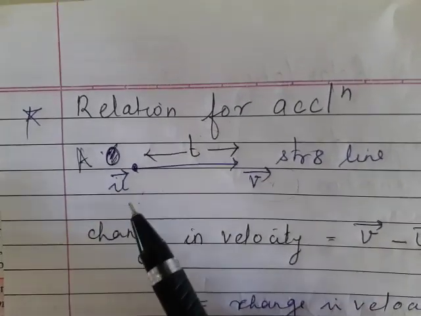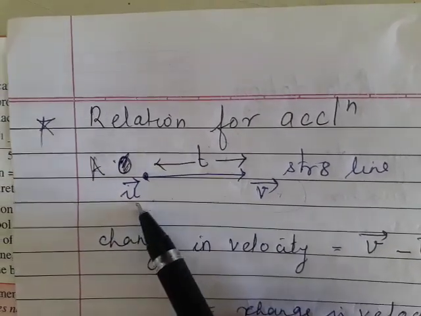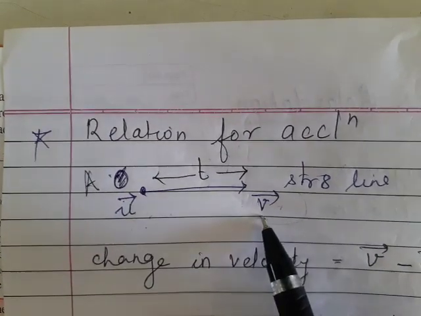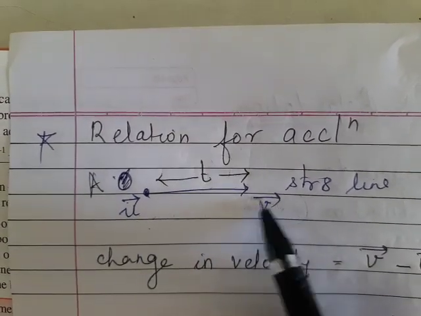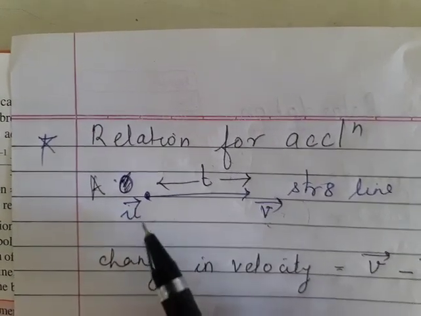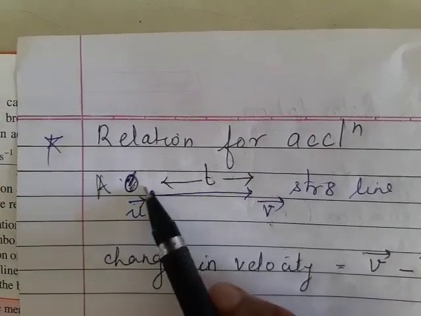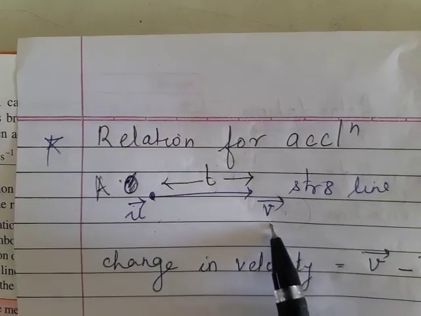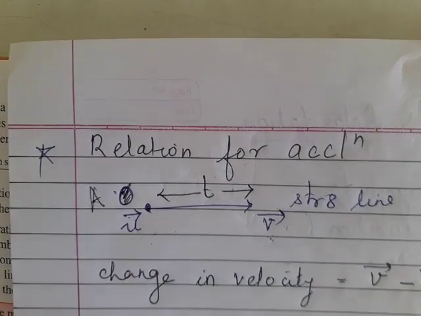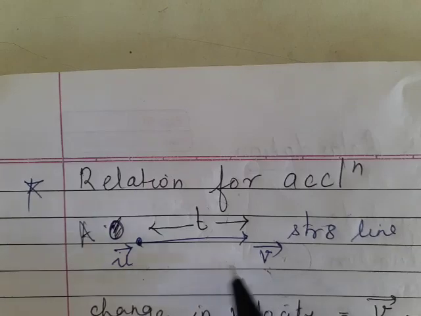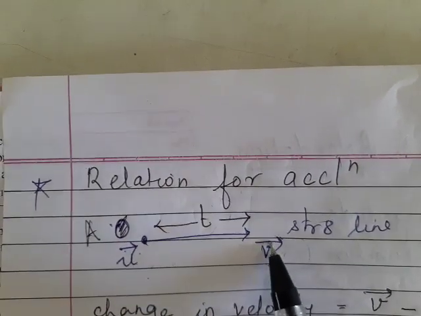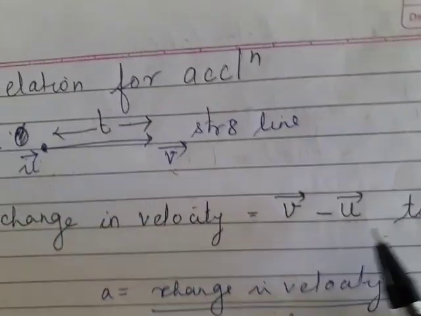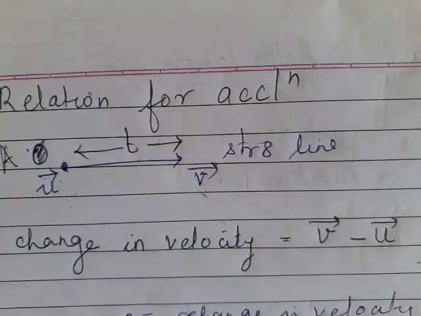That means this body is traveling in a fixed direction with initial velocity u and final velocity v, in a particular time t. So what will be the change in the velocity from u to v? The change in the velocity will be v minus u.